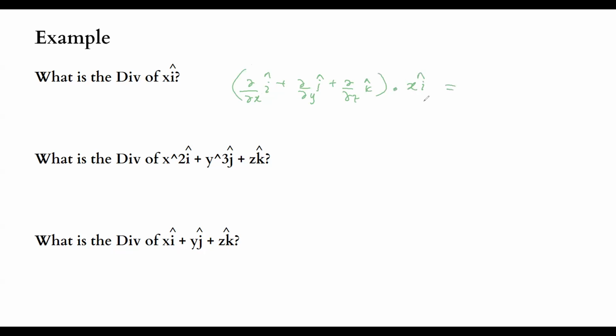Since we are taking the dot product, the value with another perpendicular unit vector will be 0. The only component that gives us a value is ∂/∂x of x, times i dot i, which is 1. So this will be equal to 1. Can you do the second one?